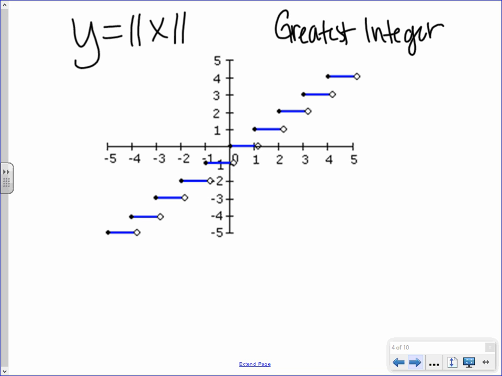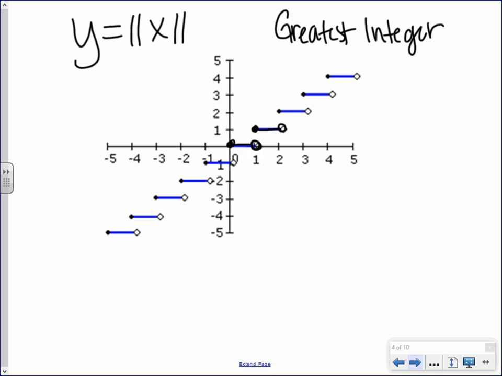And I will define what it means to be the greatest integer function, but you need to know what the graph looks like. It is important that here at (0, 0), you have a closed circle, and then here at (1, 0) is an open circle. A closed circle at (1, 1), connecting a segment with an open circle at (2, 1).